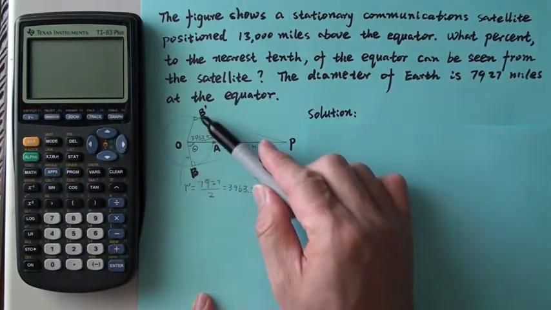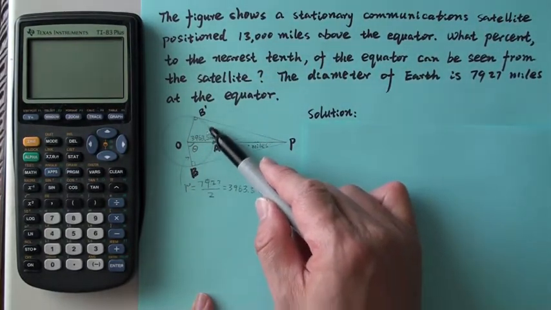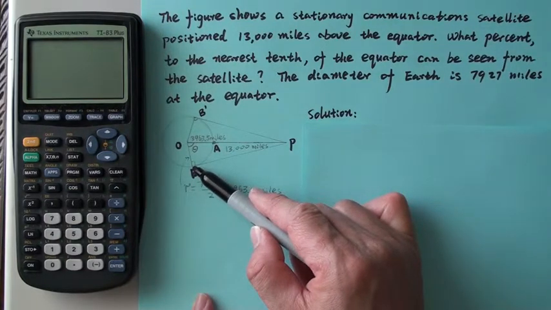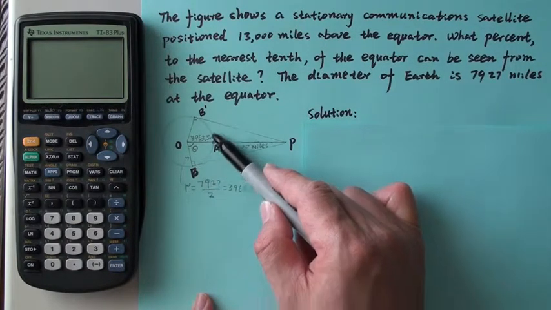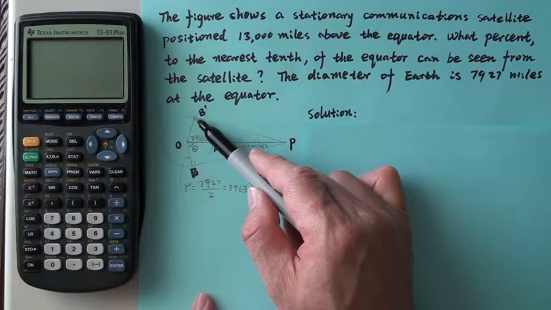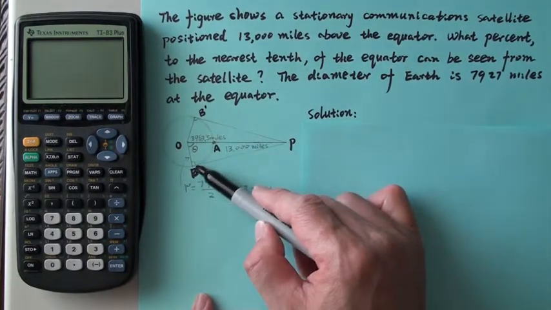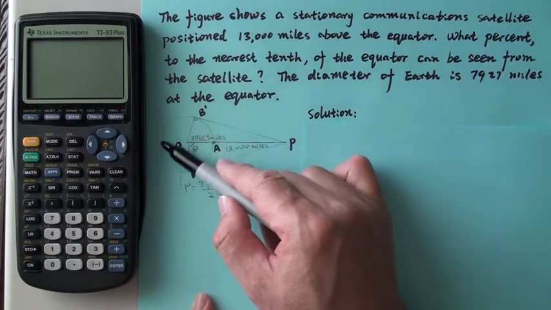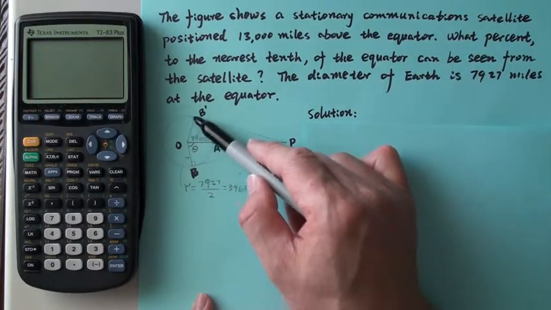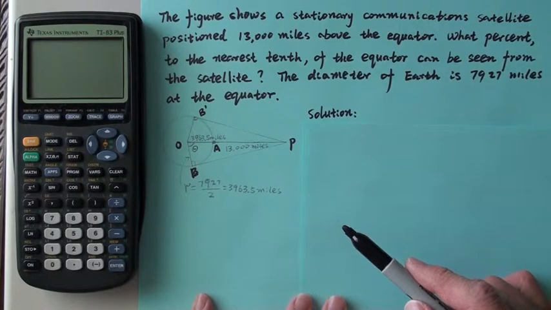So from B to B prime, this arc, how long is that? And then we want to find the ratio of the length of arc BB prime to the circumference of the equator.